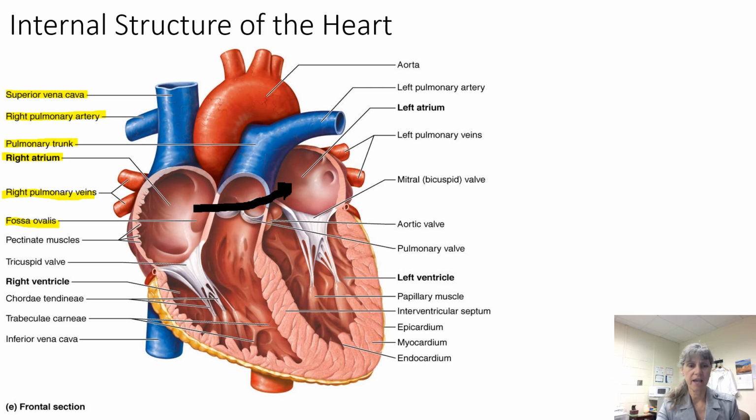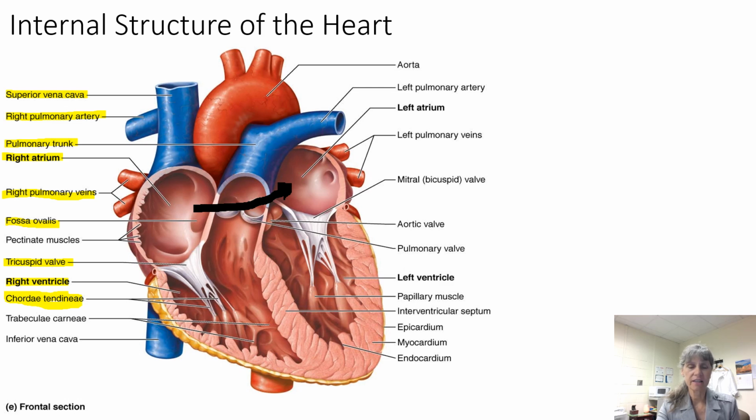And we know that we have between the right atrium and the right ventricle the tricuspid valve. We also have the right ventricle. And holding that tricuspid valve to the actual wall of the heart, we have special little string-like tendons or cords called chordae tendineae. So they anchor that valve to the muscle of the internal heart wall.